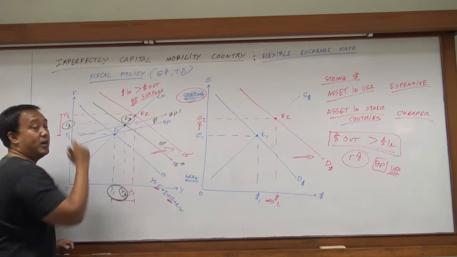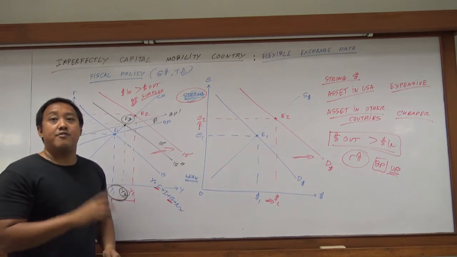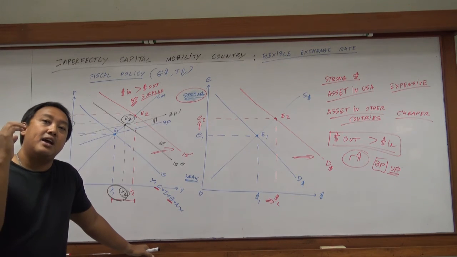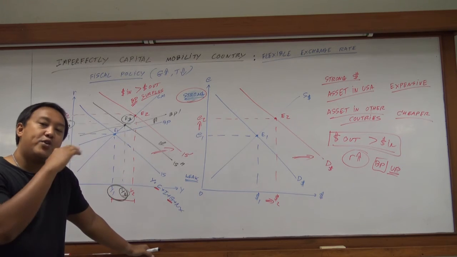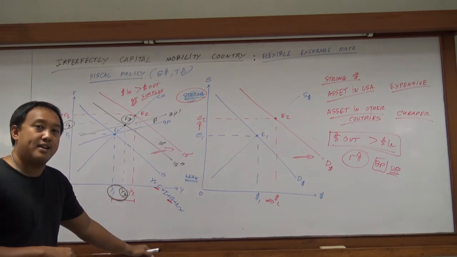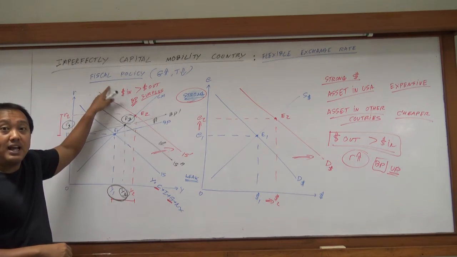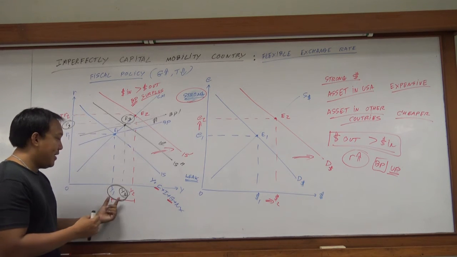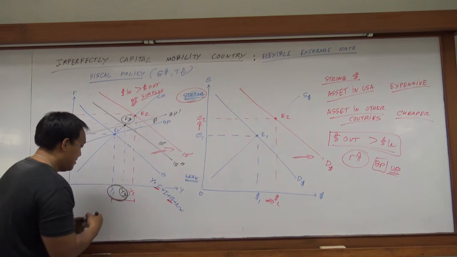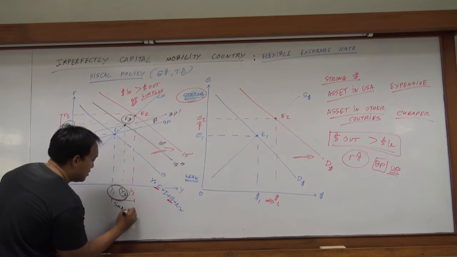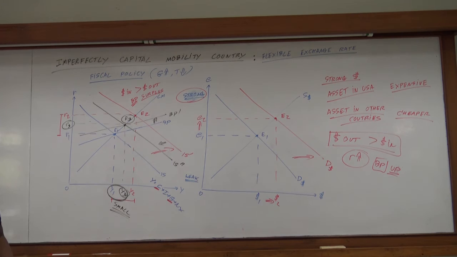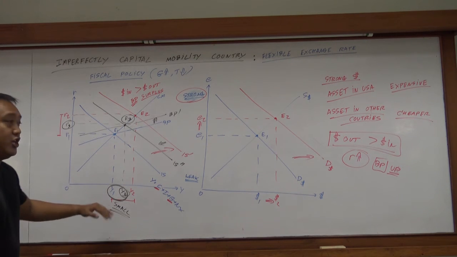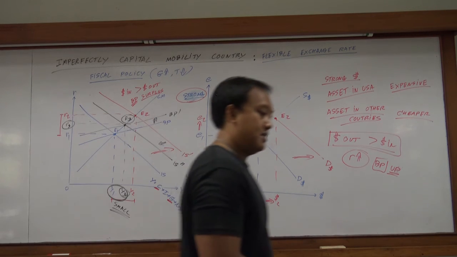So in this case, if you have imperfect capital mobility and your country is using a flexible exchange rate, fiscal policy can stimulate the economy only a very small effect. The fiscal policy has a very small positive effect on the economy, on the GDP.